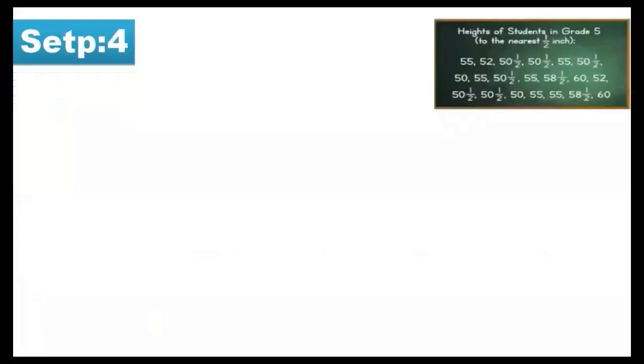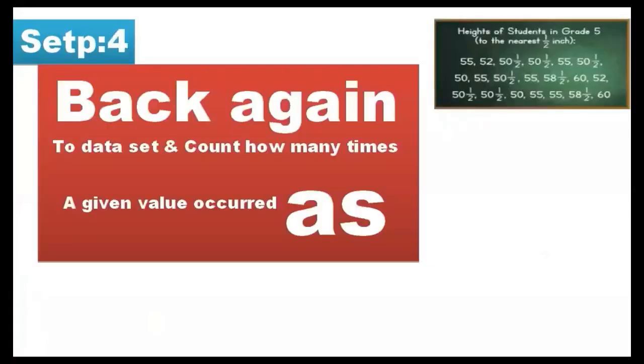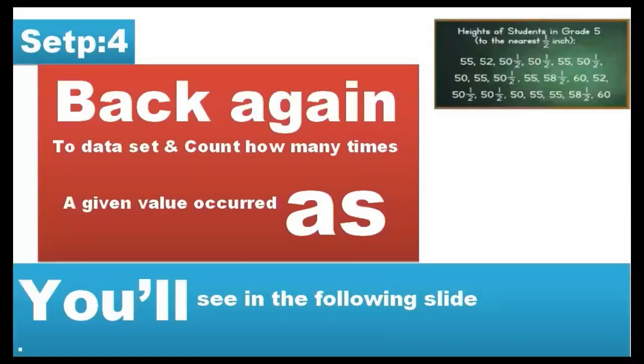Let's see. Again, go back to the data set and count how many times a given value occurred, as you will see in the following slide. So, for example, here is 55. How many times of repetition in all data set? Let's see.